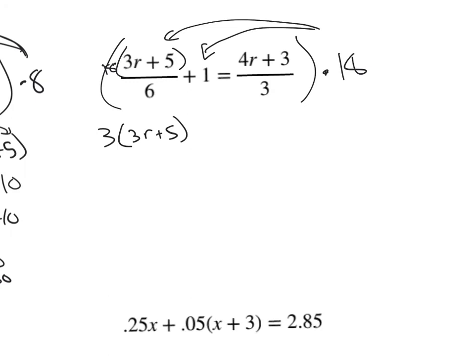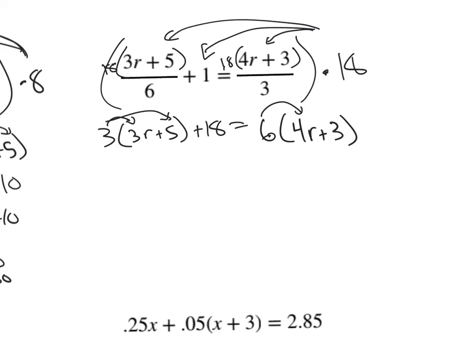Next is 18 times 1, which just gives us a positive 18. And then we want to multiply 18 to 4r plus 3. So here, put outside the parentheses, 3 goes into 18 6 times. So we have 6 outside of our parentheses, and then we leave the 4r plus 3 alone. Distributing now.